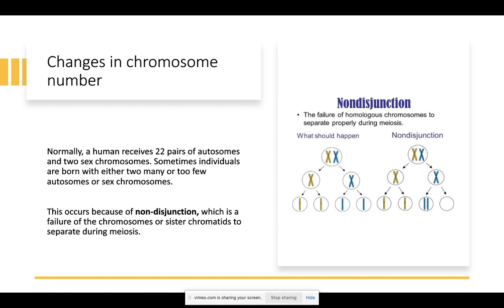So during fertilization, whether it happens in spermatogenesis, the formation of sperm, or during oogenesis, the formation of the oocyte, you will have a sperm who has too many chromosomes combining with a female who has a normal number, or you'll have a female with an abnormal number of chromosomes combining with a male who has normal. So this can result in either too many chromosomes or too few chromosomes.